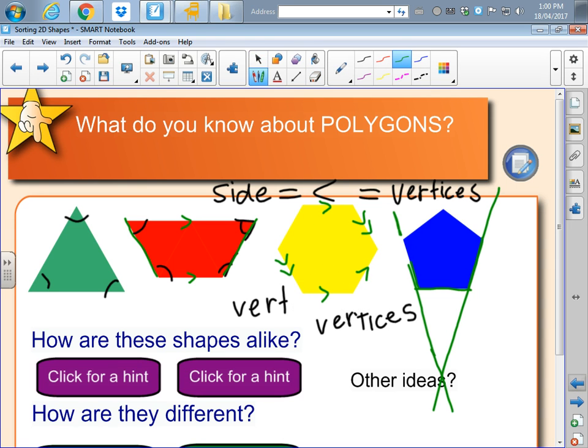If I use 2, then that's saying that this line is parallel to this line. Is that true? No. So I can't use 2. What do I have to use? Thank you. 1, 2, 3.